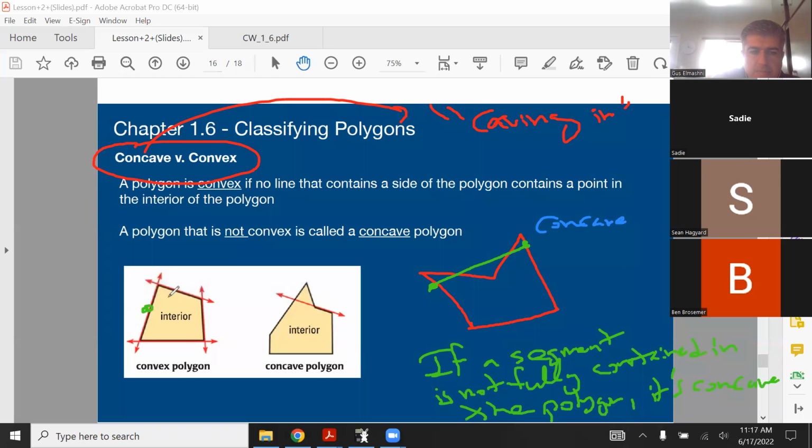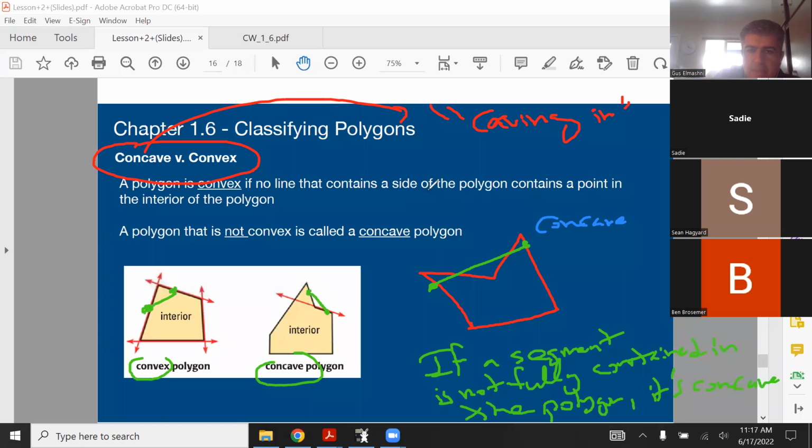Whereas here, that's fully contained. But if I did this one again, see, that segment's not fully contained in the polygon. So that's concave, whereas this is convex.